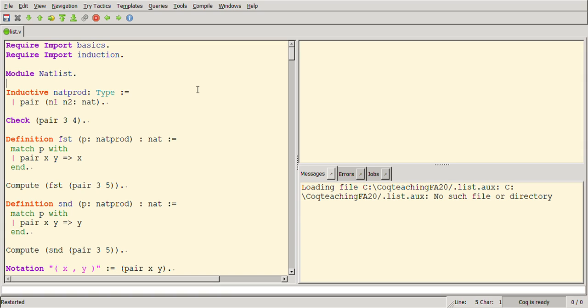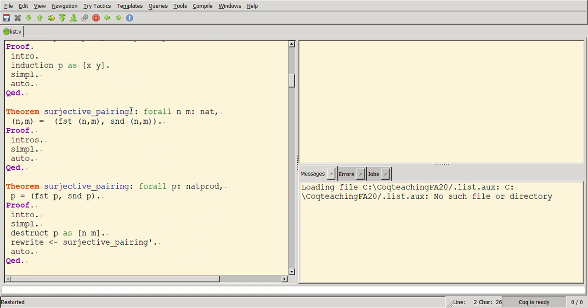So far, this library less.v includes basics.v and induction.v. These libraries have already been compiled using the Coq compiler, and after compilation they have been included here using the Require Import command.